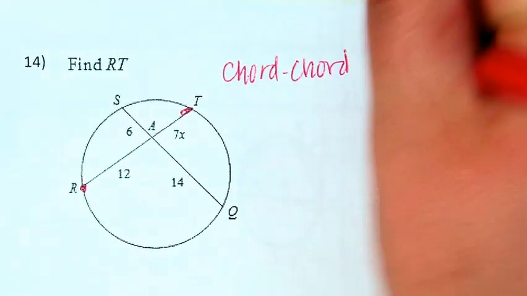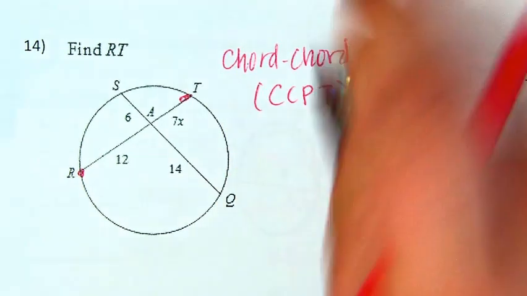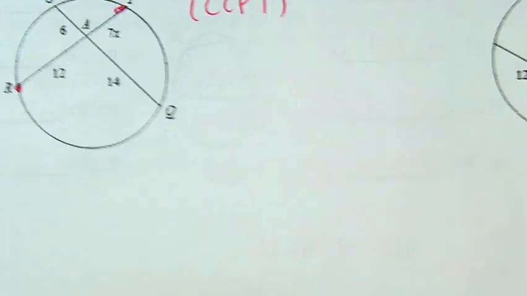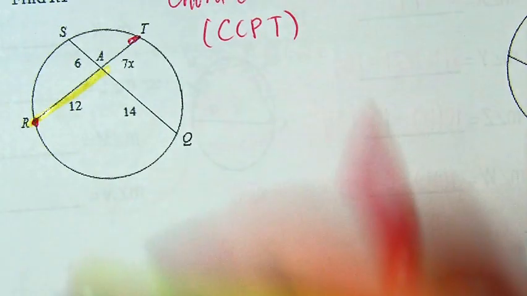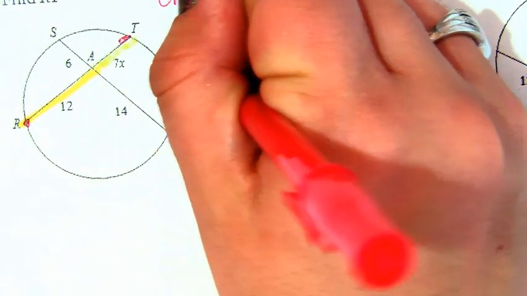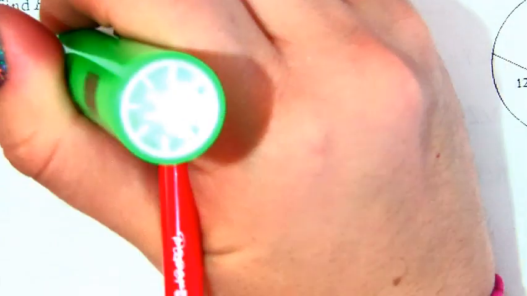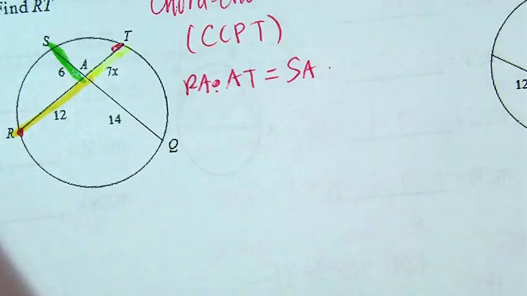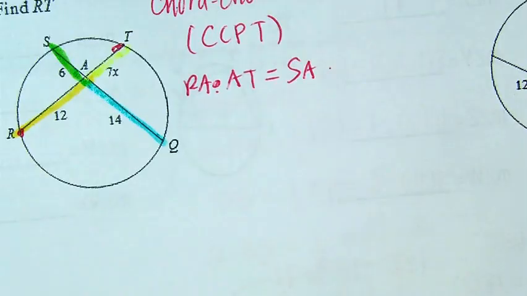Chord-chord product theorem, or I guess CCPT, says that the measure of RA times the measure of AT is going to equal the measure of SA times the measure of AQ.